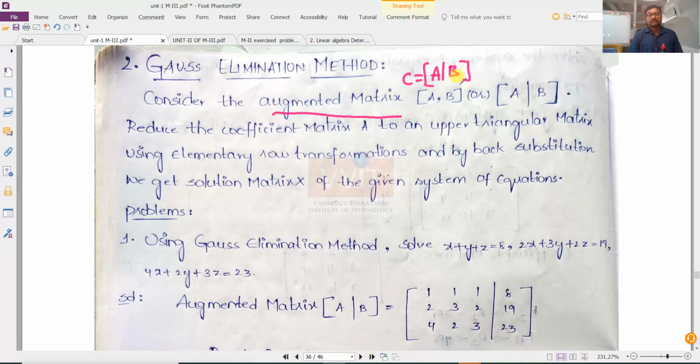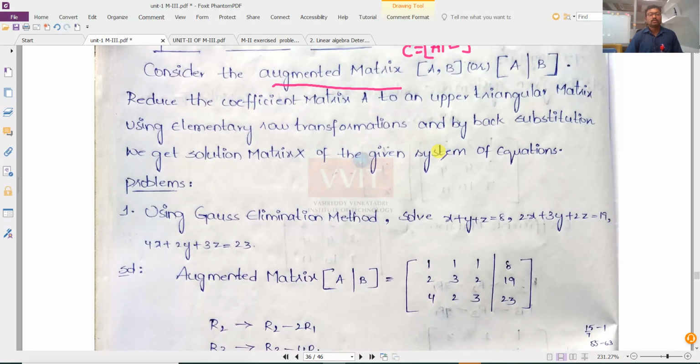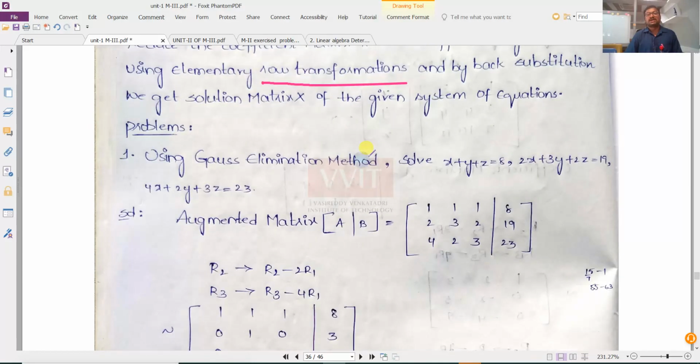Then on this I'm working. I'm reducing this to upper triangular matrix or echelon form. Simply echelon form. Remember that. Then using only elementary row transformations, and then using the back substitution method, we will solve it.